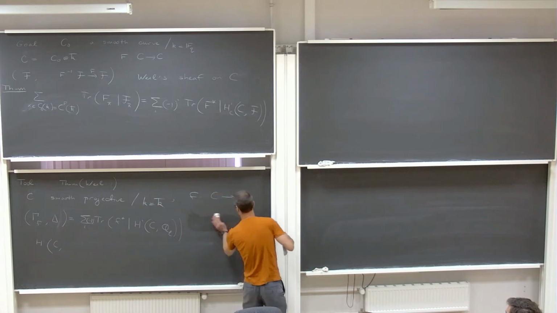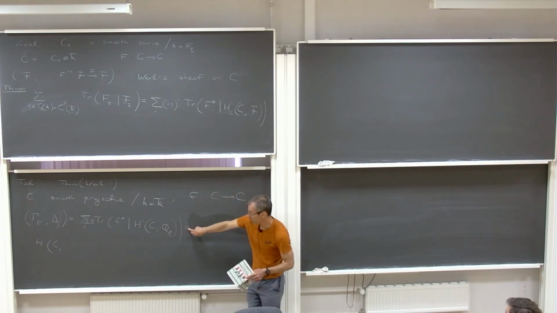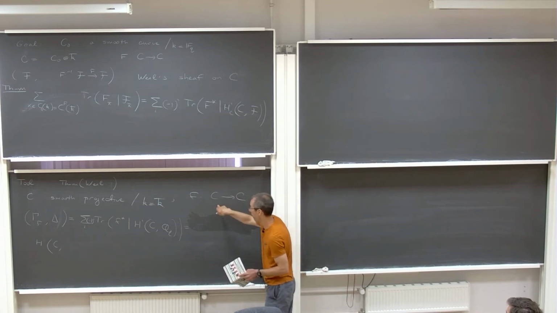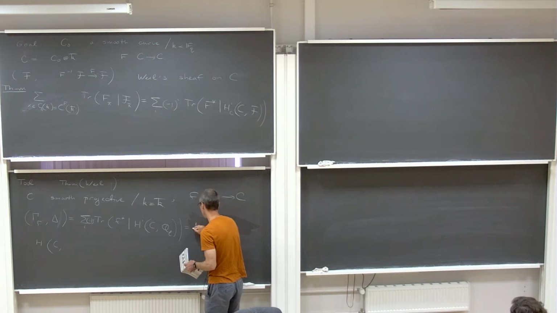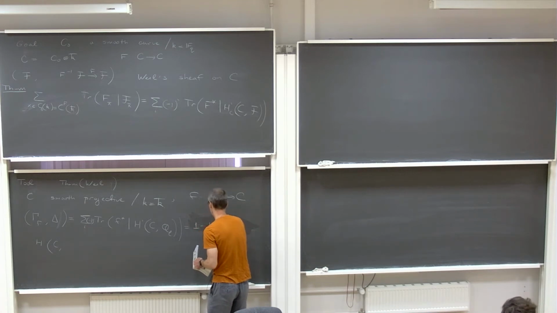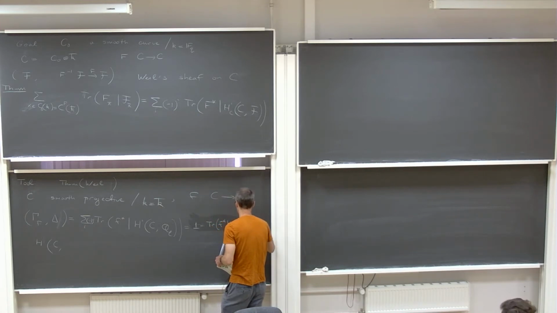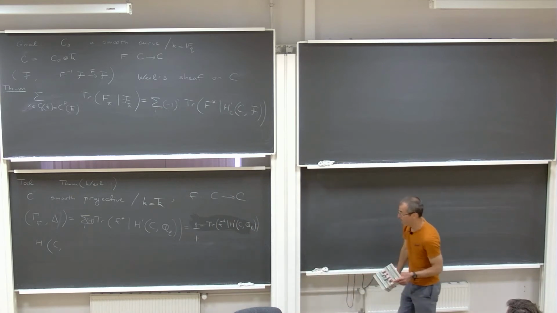So there are three groups in question, right? H0, and H0 is canonically QL, and the action of F on H0 is trivial. So this is just 1 minus the trace of F upper star acting on H1 of C with QL coefficients, plus the action on H2.